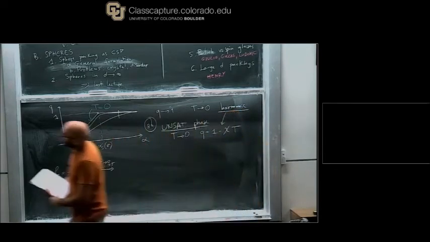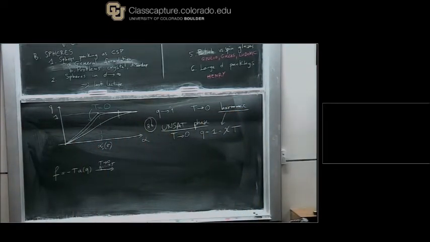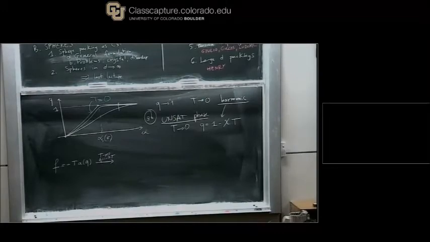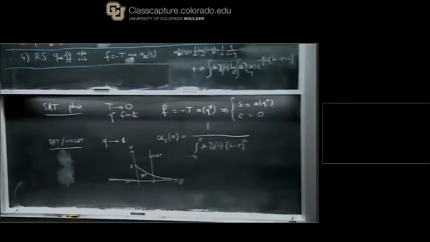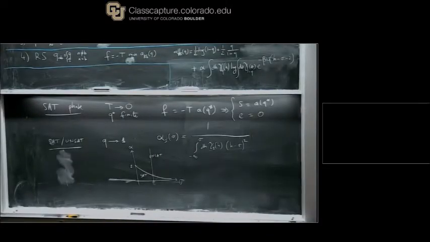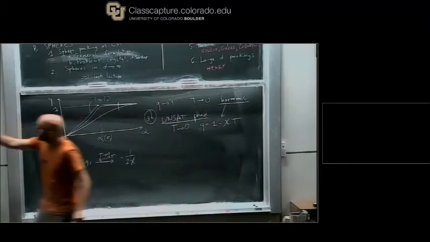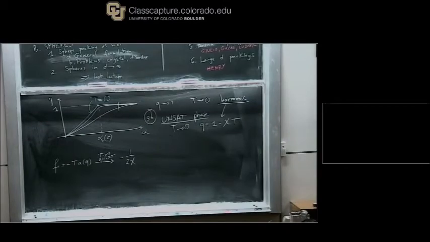You see the log here is going to 0, because this is going to be log t times t, and t log t goes to 0. The second term is going to be finite, because I have 1 minus q, which is chi t, in the denominator, so it's going to be just minus 1 over 2 chi. This is the term q over 1 minus q.